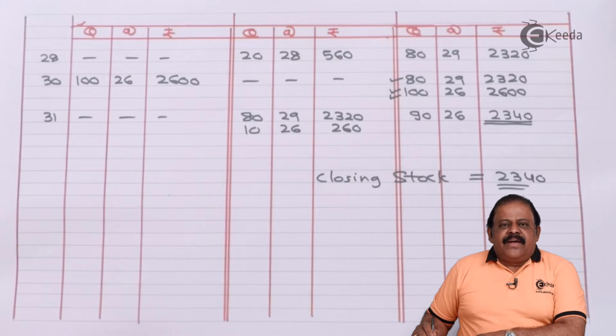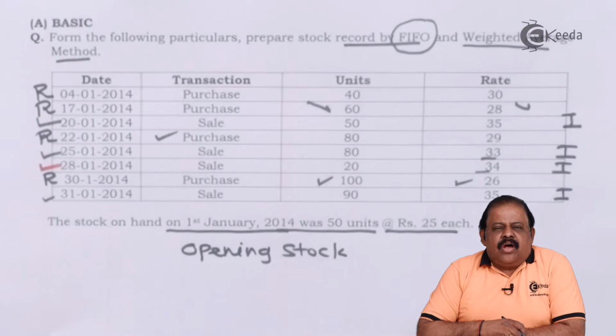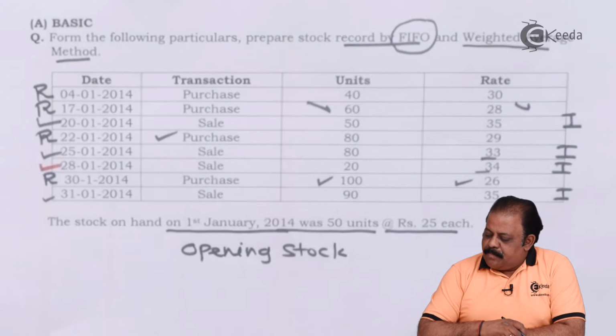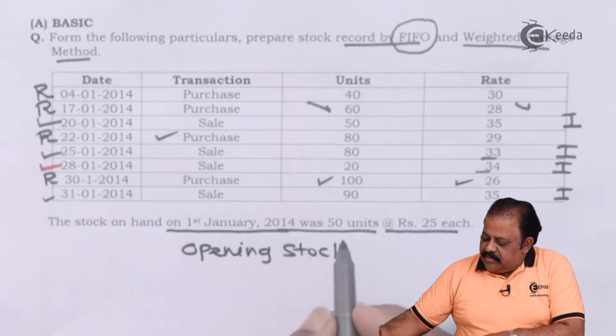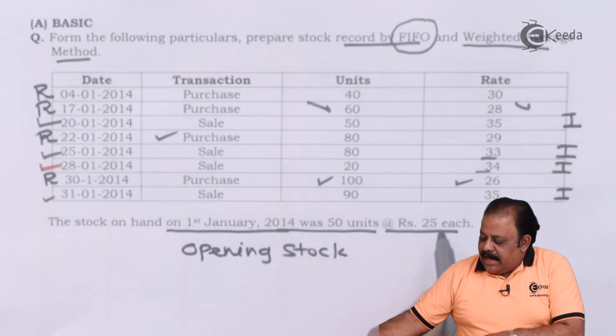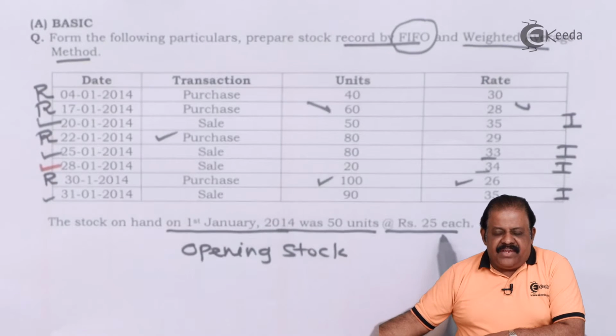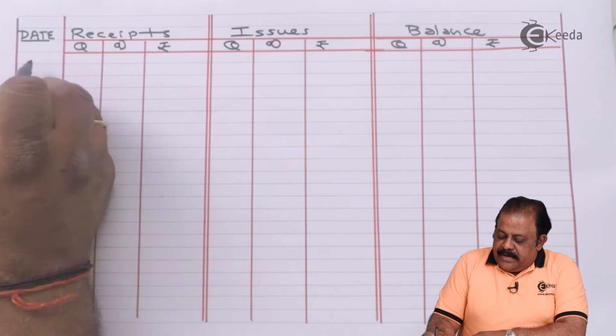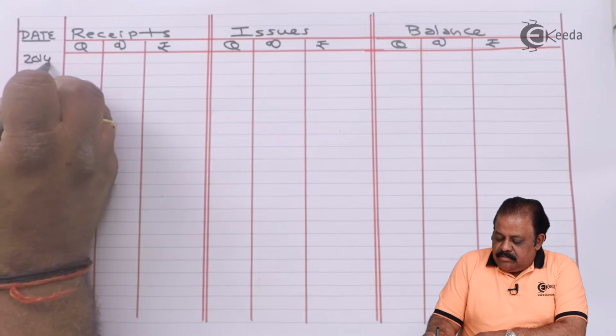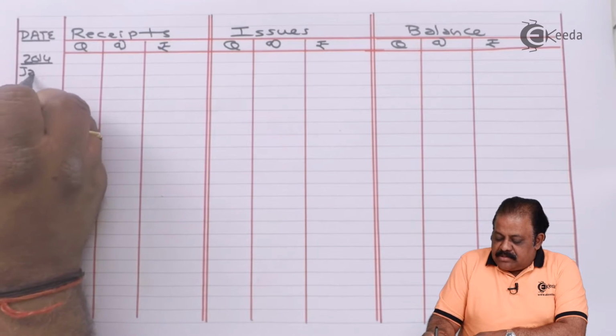Now we are required to find out closing stock as per weighted average basis. We'll solve as per now weighted average basis. Opening stock on 1st January, 50 units at the rate of 25 each. We'll be putting the date 2014, January 1st.